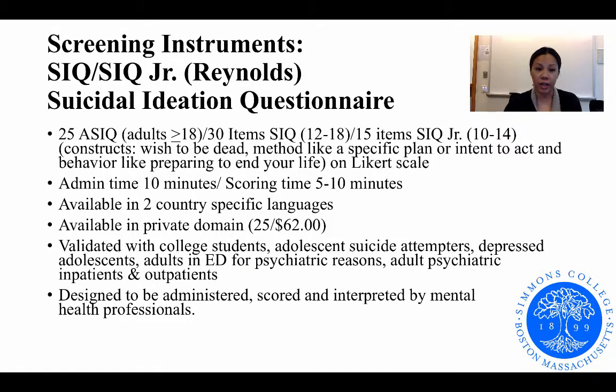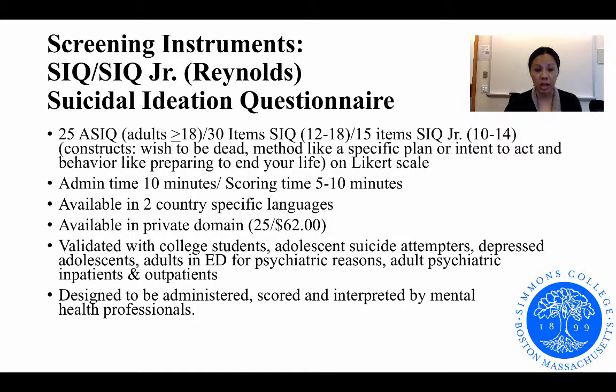The second validated instrument that I would like to talk about is the SIQ, or the SIQ Junior, which was created by Dr. Reynolds. It is the Suicidal Ideation Questionnaire. Now, there are 3 adaptations of the specific questionnaire to specific populations.